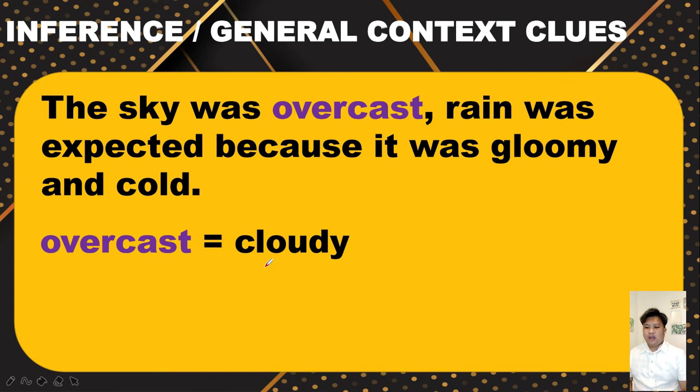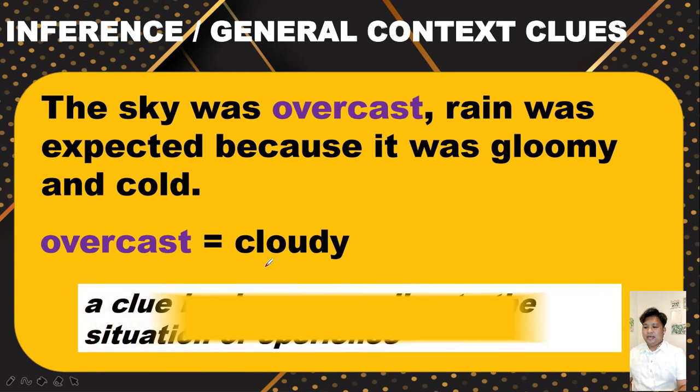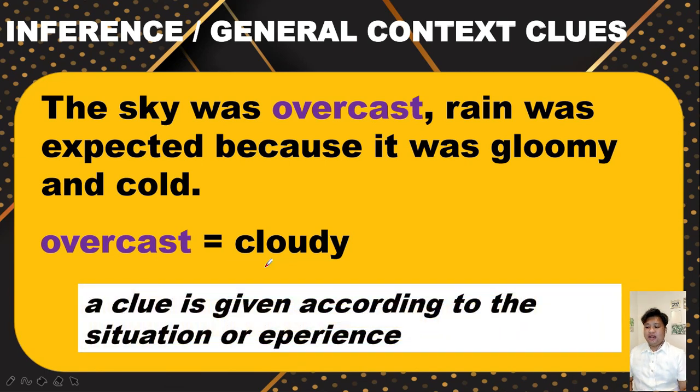So maunang we came up to the conclusion that overcast means cloudy. Okay? So a clue is given according to the situation or experience. So maunay inference or general context clues. So there is a clue or a hint according to the situation or experience.